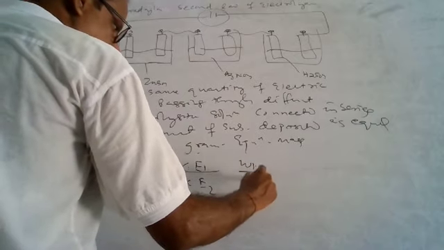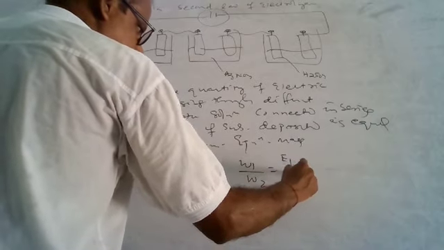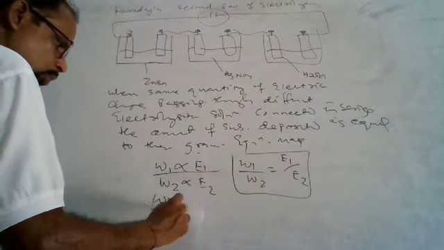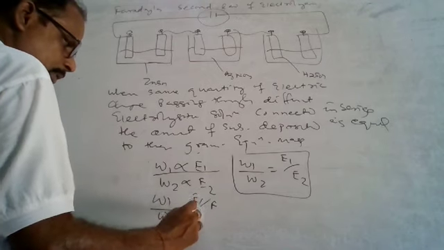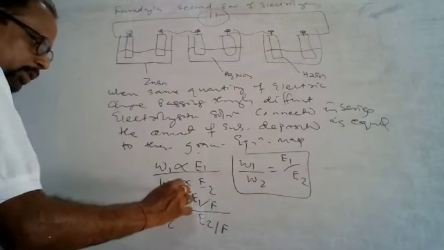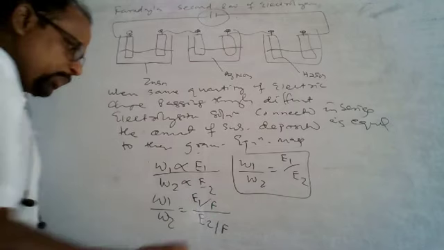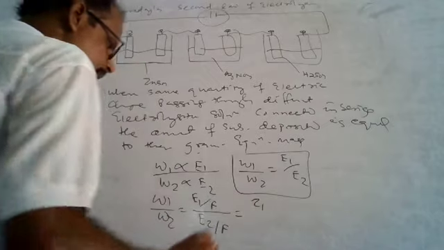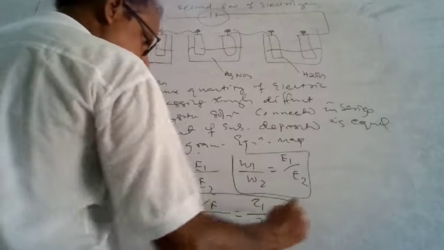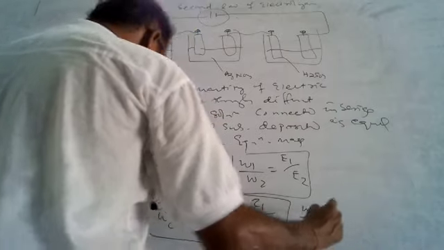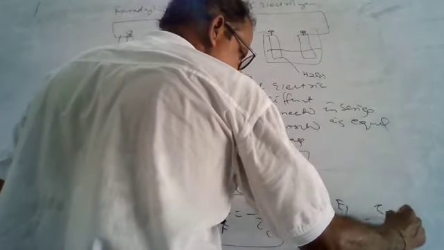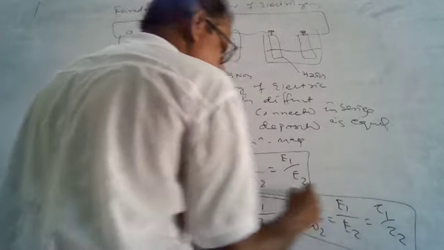So W1 by W2 is equal to E1 by E2. This is formula number 1. Now W1 by W2 is E1 by F over E2 by F, where F is a constant. So E by F is equal to Z, the electrochemical equivalent. So this is the second formula: W1 by W2 is equal to E1 by E2, which is Z1 by Z2.